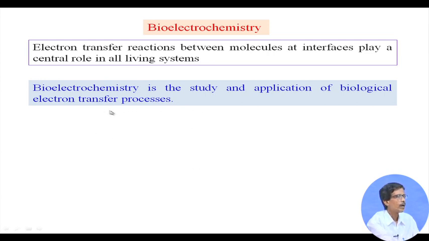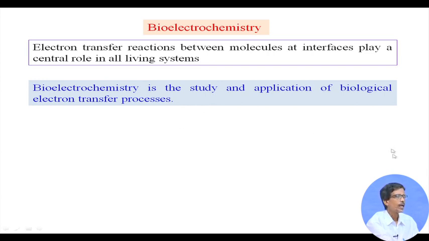So, when we talk about this electron transfer, we can talk in terms of bioelectrochemistry, which is the study and application of biological electron transfer processes. It is typically the study of biological electron transfer processes: how the electron transfer takes place and how we can apply it. Once we know that we can monitor this electron transfer, in terms of food material or oxygen reduction, we can have some good applications, and two small applications we have seen are for the development of sensors.